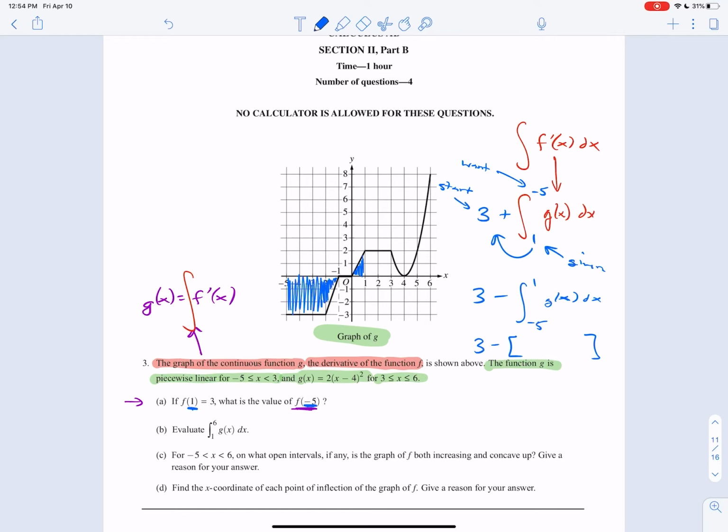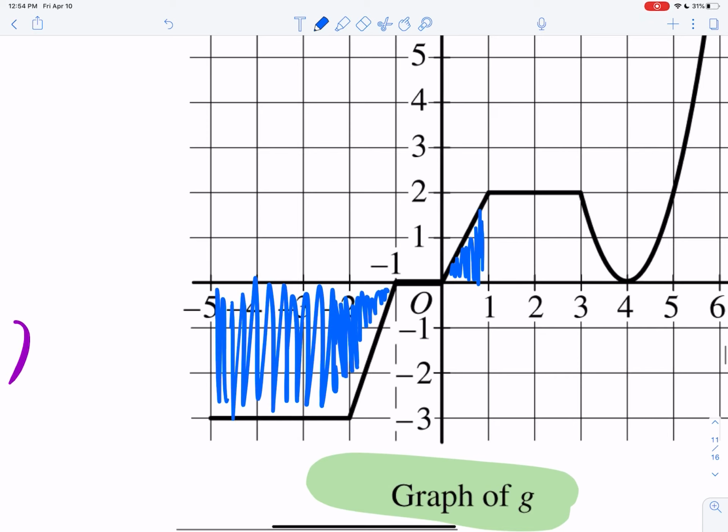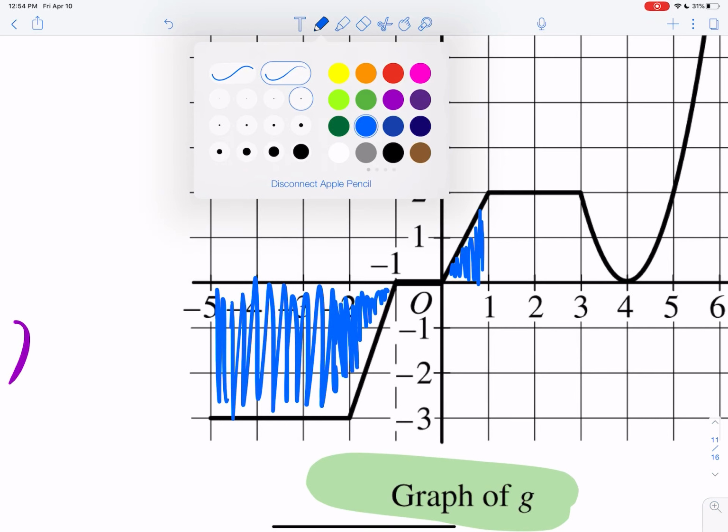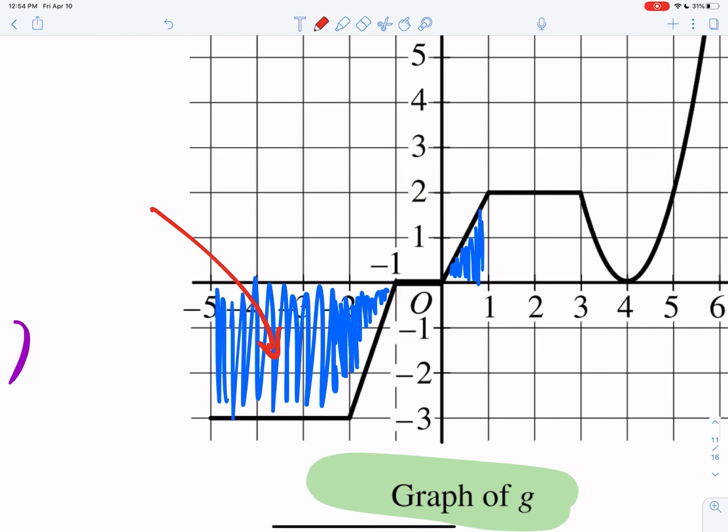So notice how I have negative area here and positive area. I have negative area here because it's below, and I have positive area here. So here at the bottom, you could cut this up into several pieces, or you could just see it as a trapezoid, which is just 1/2 times the height.